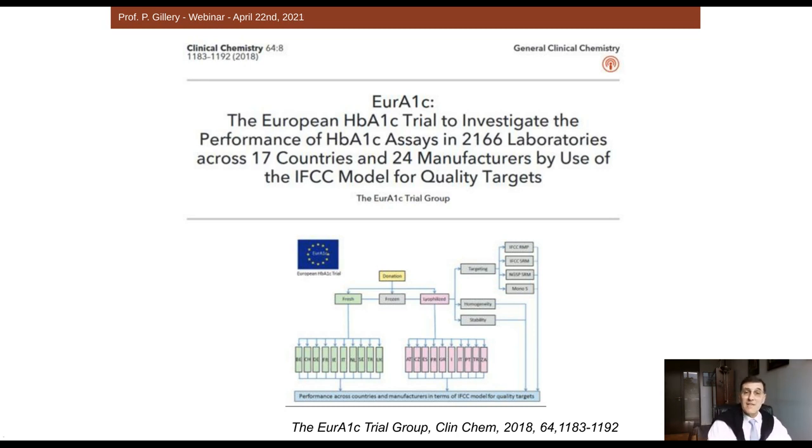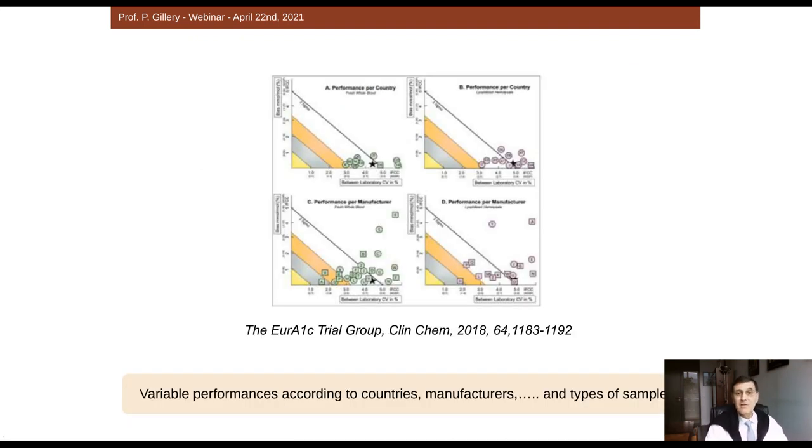The materials sent were issued from single donations and sent to the laboratories under three conditions: fresh, frozen, and lyophilized. In parallel, these samples were assayed by reference laboratories, which allowed to establish targets for the measurement.